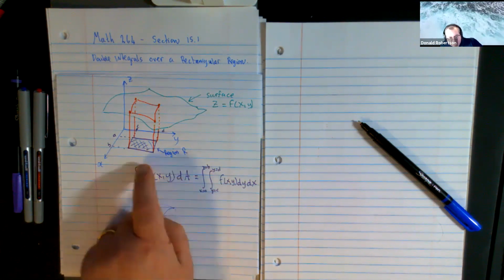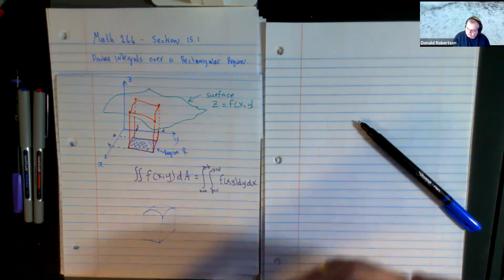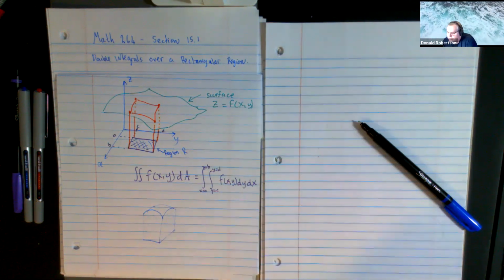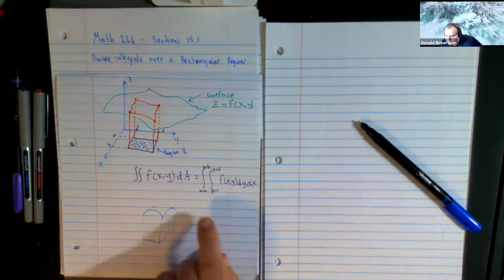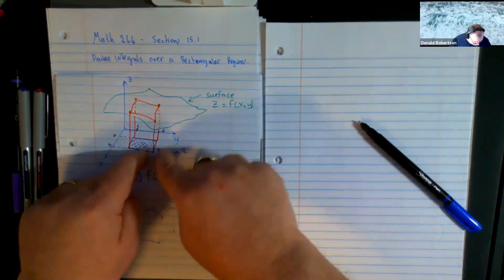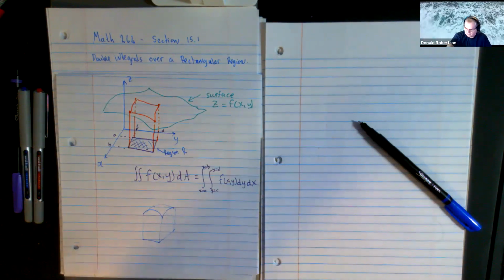In this case, the region happens to be a rectangle, but could you imagine you had a circle on the floor and you went upwards? Couldn't you get a volume over a circle, and over a triangle, not just a rectangle? So to be more generic, we say dA. dA is some region on the ground that you project upwards and you make the surface z there.